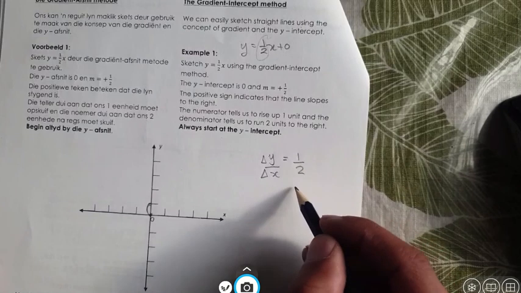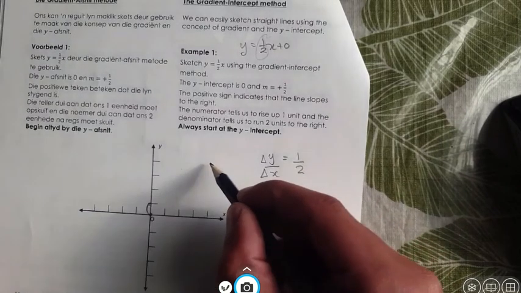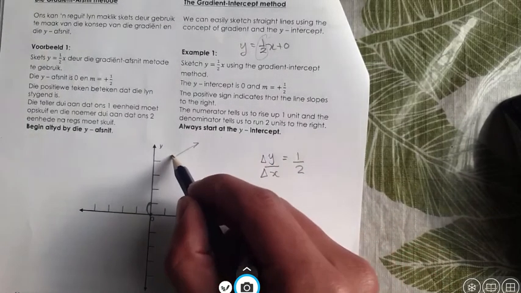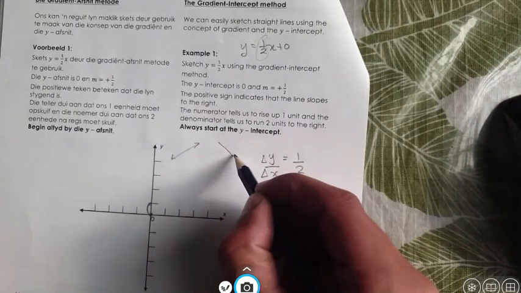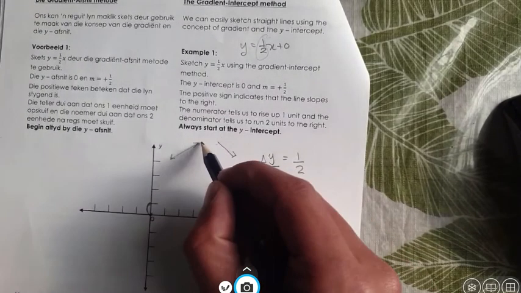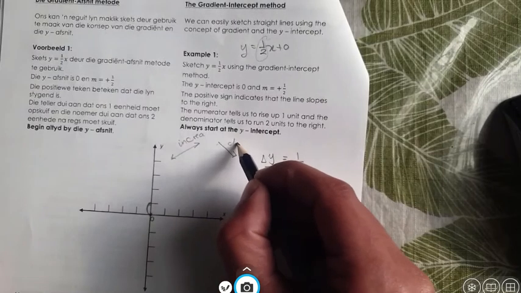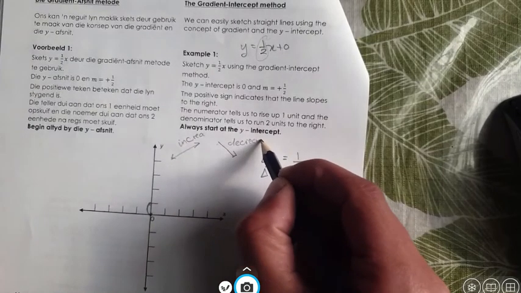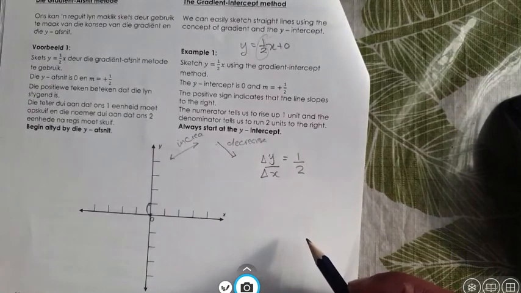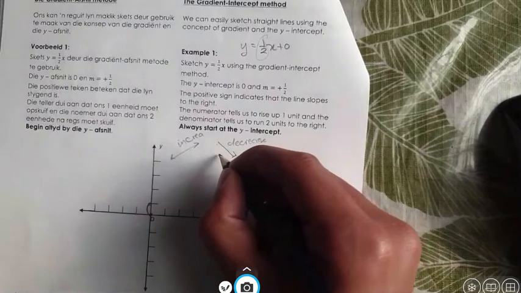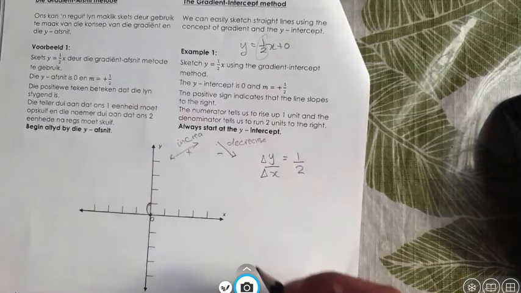Twice. All right. Now if it's positive, the line will always go up that side. If it's negative, the line will go down. And we call this increasing, and this we call decreasing. So if it's negative, it will be decreasing. If it's positive, it will be increasing.